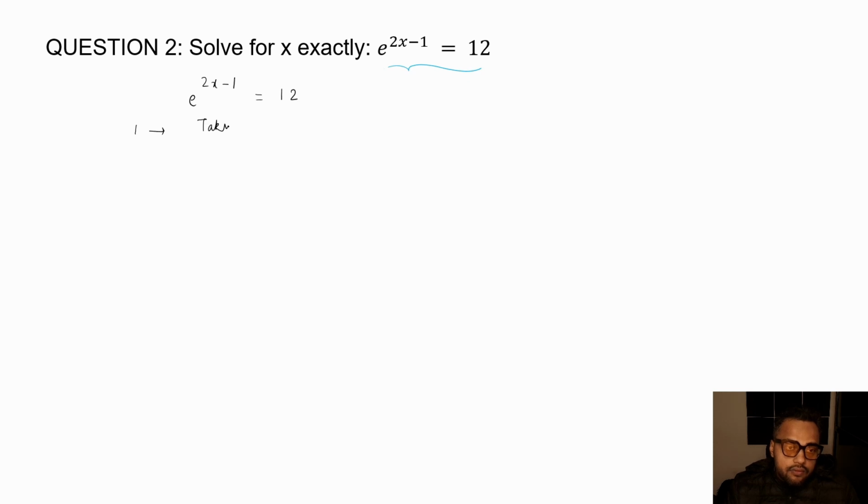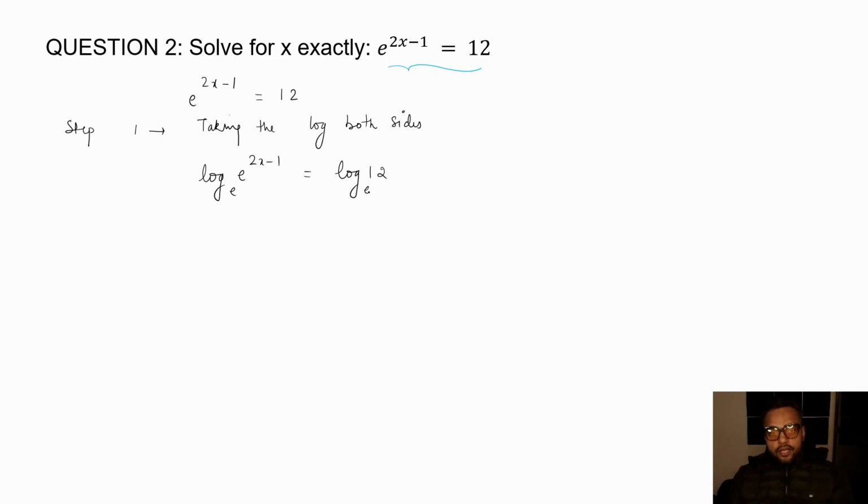So I will write it for you, taking the log both sides. This is step number 1, student. So log of e raised to the power 2x negative 1 equals log of 12. And the base here will be e. It will be beneficial for us.